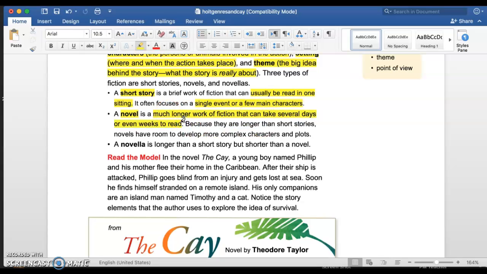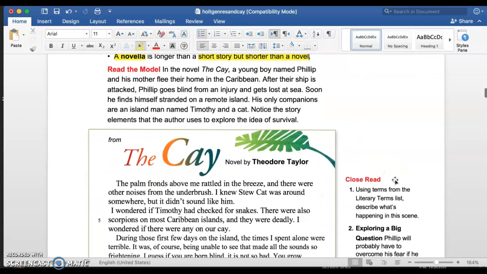Okay. Because they are longer than short stories, novels have room to develop more complex characters and plots. A novella is longer than a short story, but shorter than a novel. So that's my in-between. In the novel The Cay, a young boy named Philip and his mother flee their home in the Caribbean.